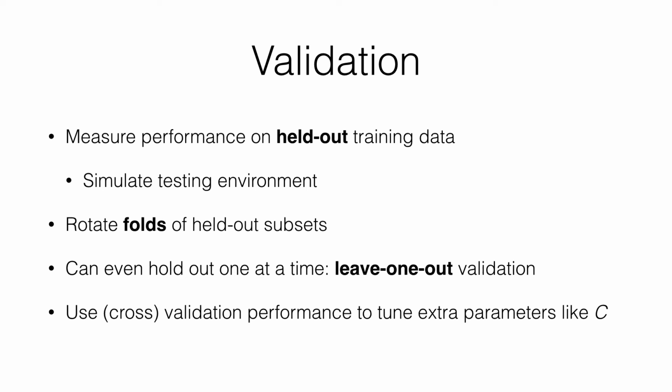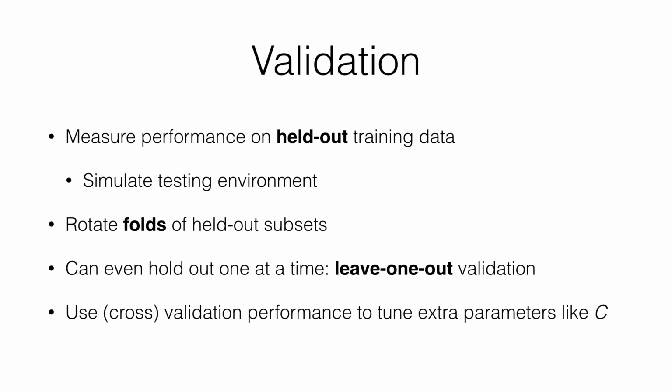Okay, and then when we hold out data, we can do different schemes. We can just hold out some data and do one held out split, or we can rotate folds of held out subsets, which allows us to get a more robust estimate of how our performance will be on future test data because we get more than one sample.